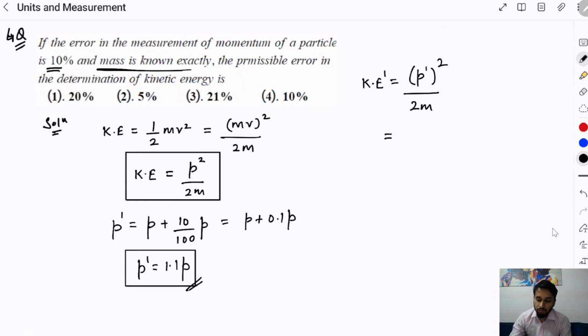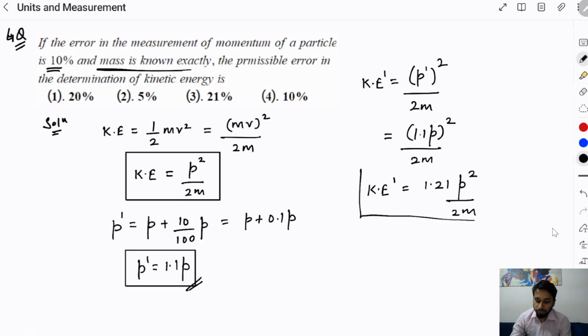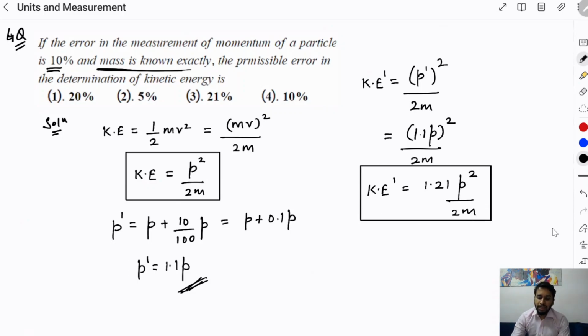P dash is 1.1 times P. So 1.1 times P whole square by 2m. Fine. So K dash will be 1.21 times P square by 2m. Okay. 1.1 square is 1.21. So this is K dash and this is Ke.